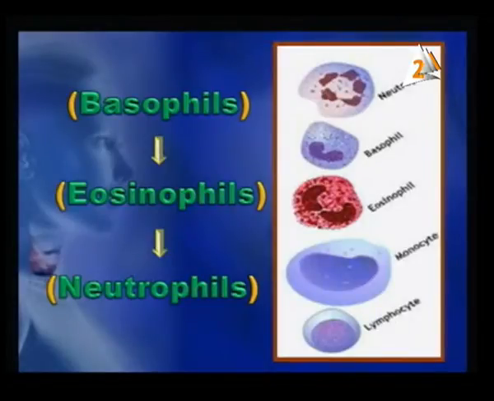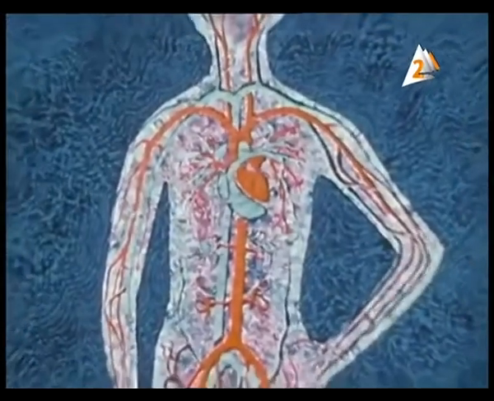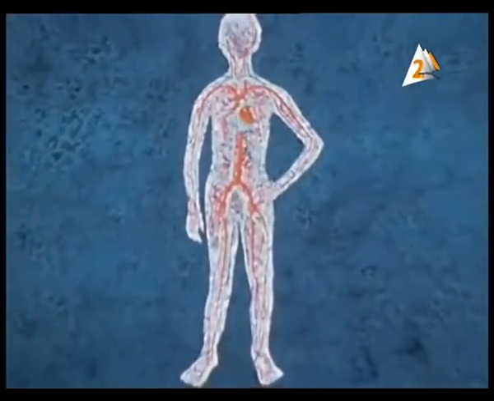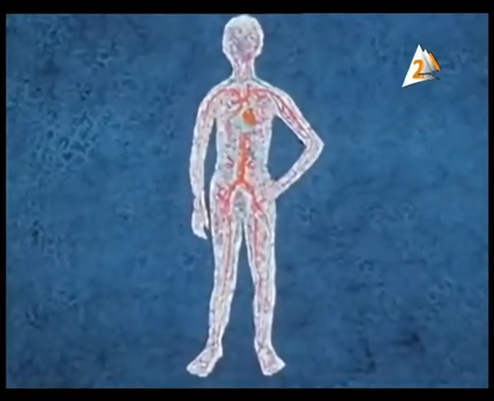All of these cells fight bacterial infection and inflammation because they contain granules which disintegrate the pathogenic cells attacking the body. They also ingest and digest the pathogenic cells through phagocytosis.